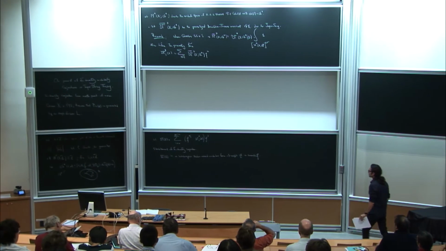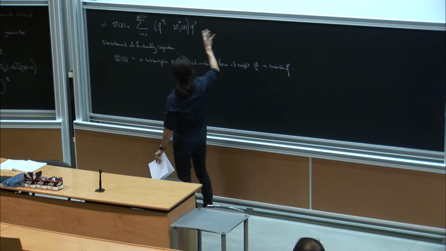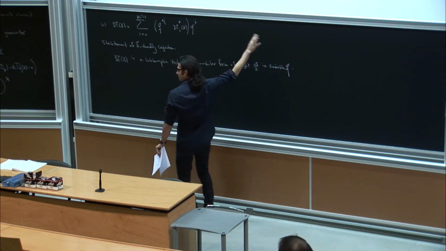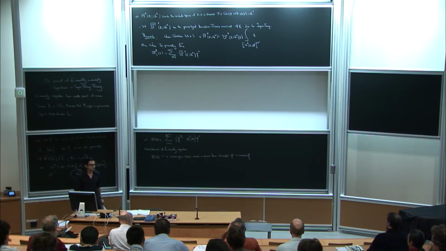Okay? So the reason, again, it's vector valued is because this is finite. You should really think of this as 5 sums, and each one is a modular form of weight minus 3/2 in the variable q.